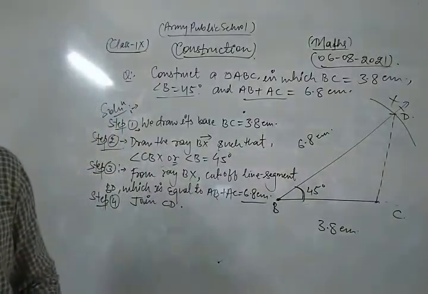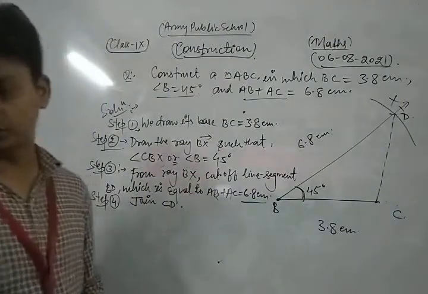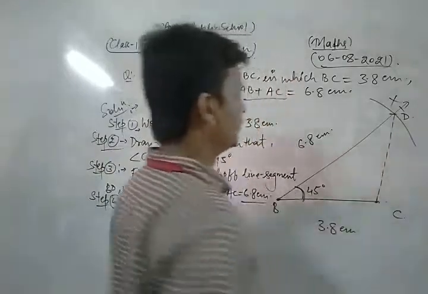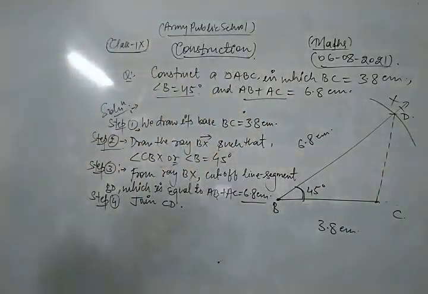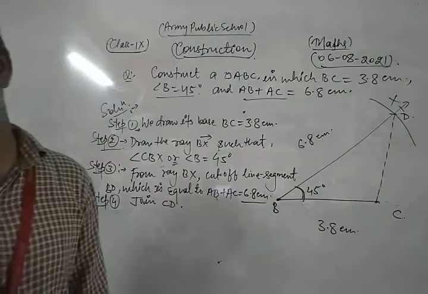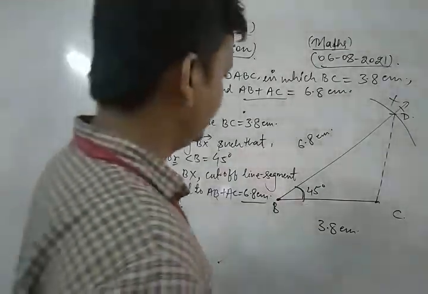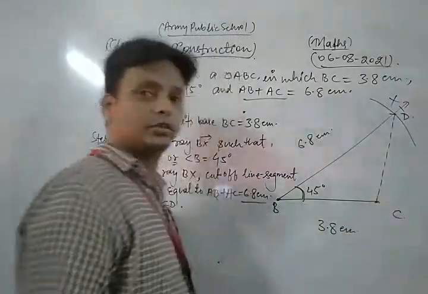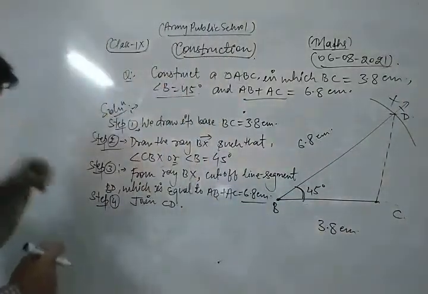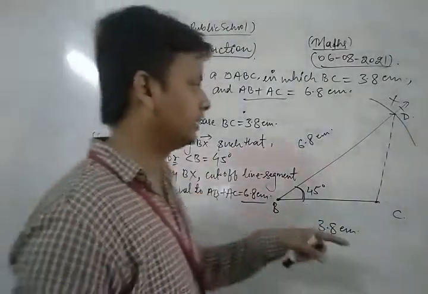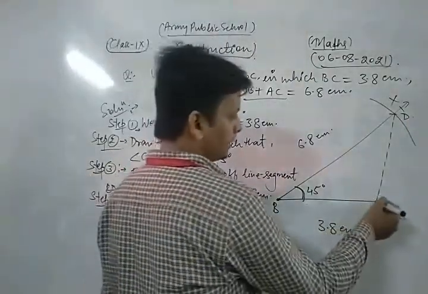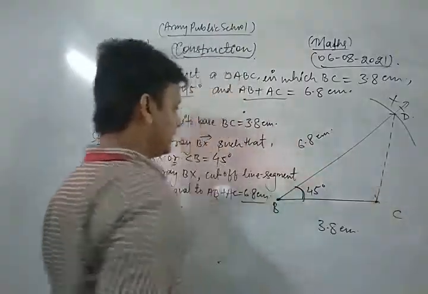Now, dear friends, we draw the perpendicular bisector of CD, meeting BD at some point. So here we join CD. After that, the next step of this construction is we draw the perpendicular bisector of the line segment CD.